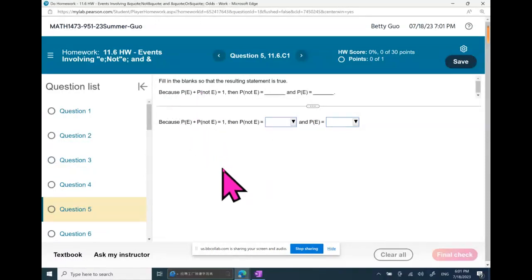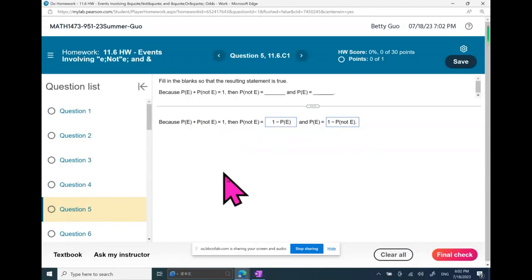Because P of E plus P of not E equals 1, P of not E equals 1 minus P of E, and P of E equals 1 minus P of not E. So E here represents an event.